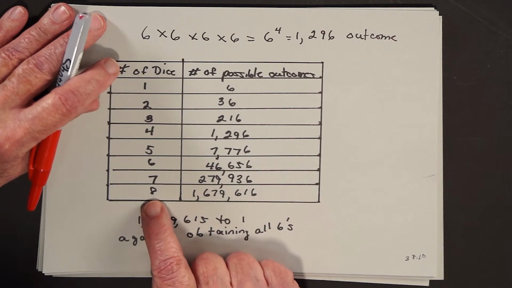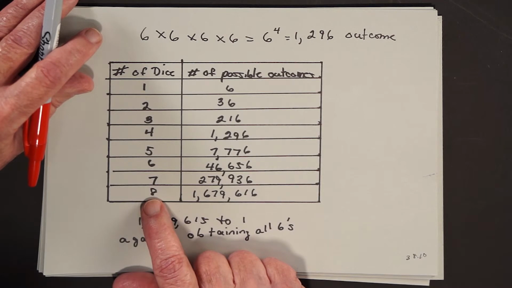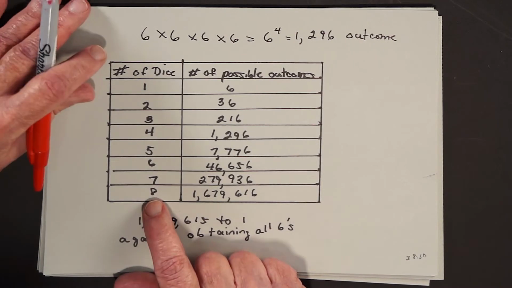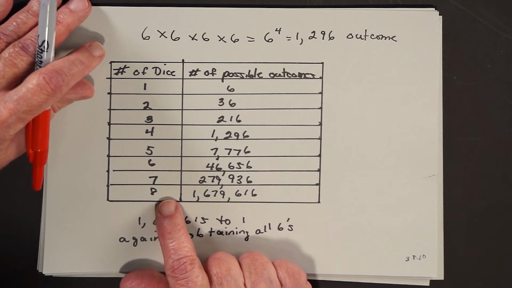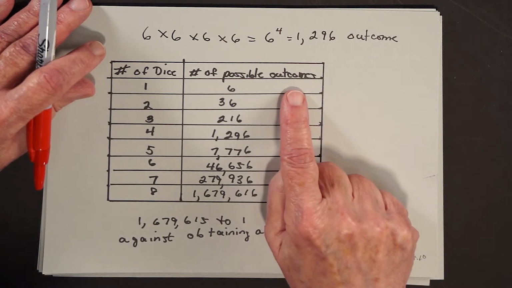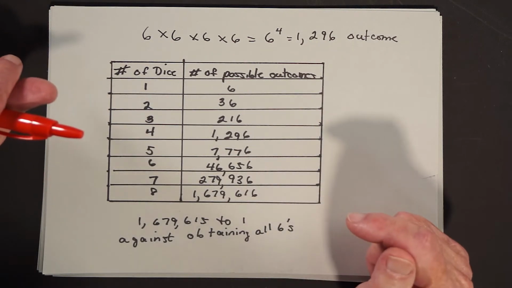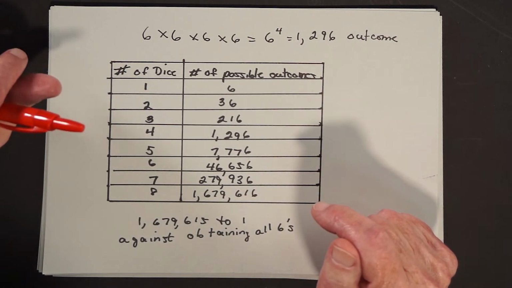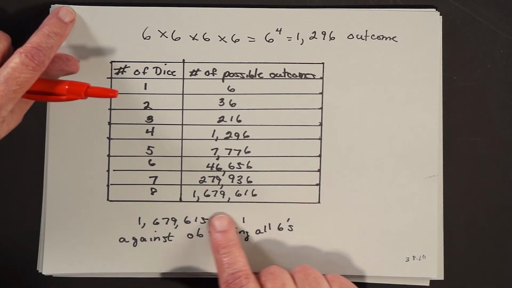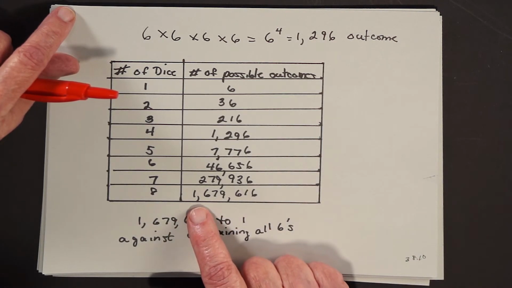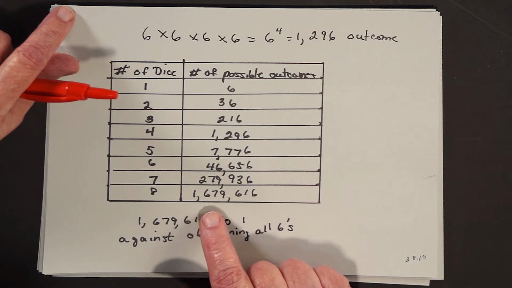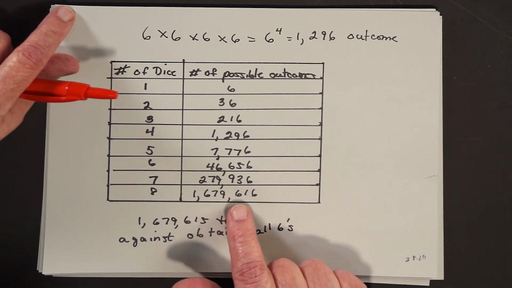If there were 8 dice rolled simultaneously, the probability of getting all of them to turn up one particular way, in other words, let's say you wanted all 6s to come up, your chances would be 1 out of 1,679,616.